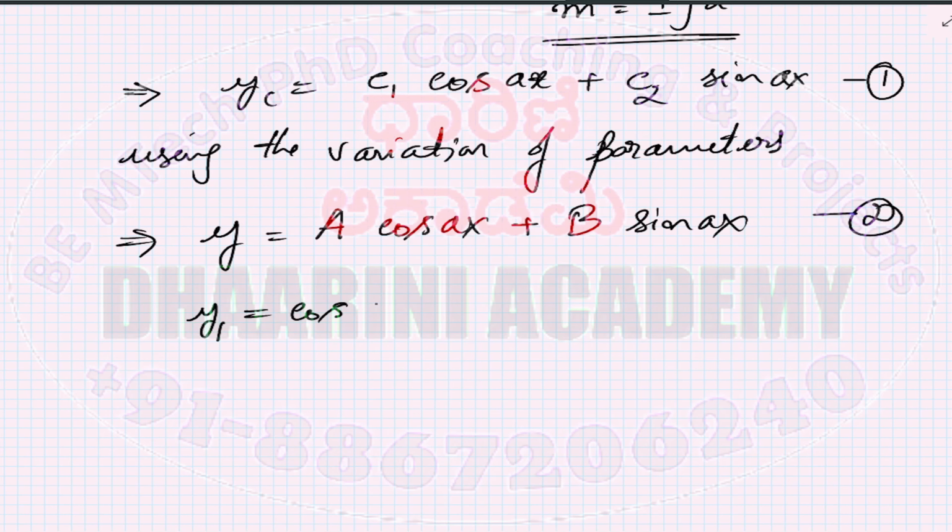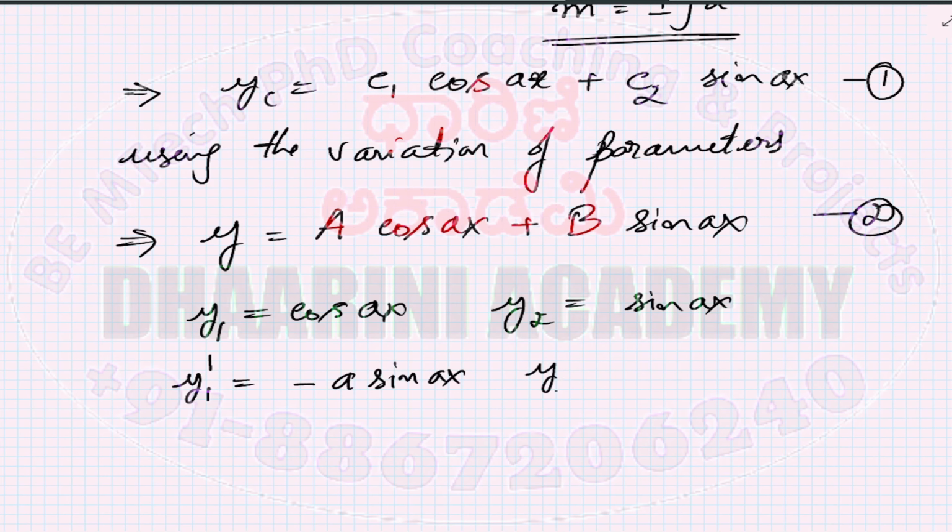So y1 is cos ax, y2 is the second function, that is sin ax. I need y1 dash because I have to calculate a W. So y1 dash, differentiation of cos is negative, so minus a sin ax. I need y2 dash. How do you calculate y2 dash? Differentiation of sin ax is a cos ax.